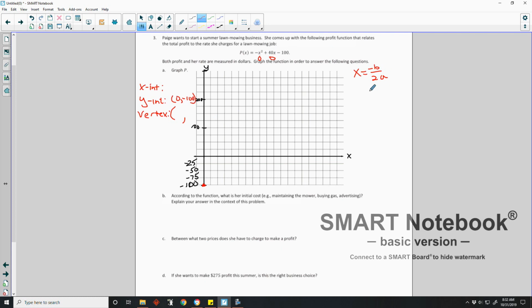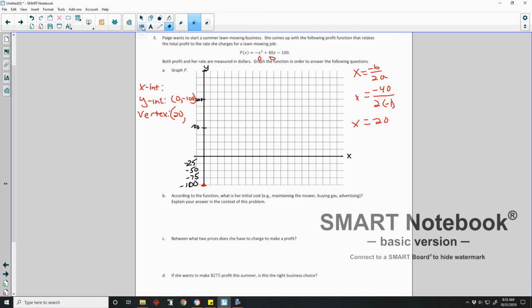So negative b is negative 40, because b is 40, over 2 times a, which is negative 1. So it's negative 40 over negative 2. Negative divided by negative is positive. 40 divided by 2 is 20. So that is my x value. So x equals 20.